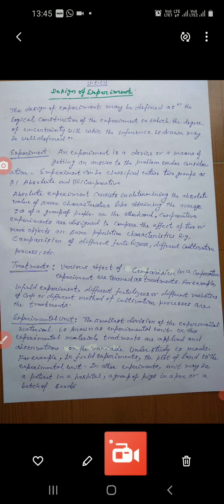In other experiments, suppose you go to a hospital, then a patient is a unit. A group of pigs in a pen or a batch of seeds are also examples of experimental unit.